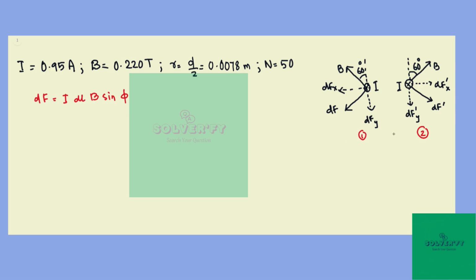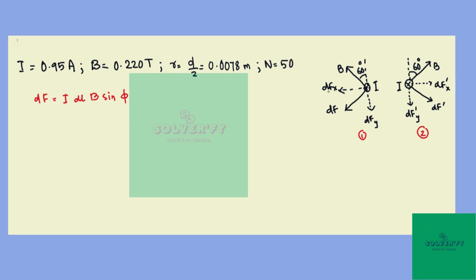These are basically sketches that mark the direction of current, magnetic field, and the force for two short segments on opposite sides of the coil. You can see from these two sketches that the x components cancel because I and B are constant in these two.